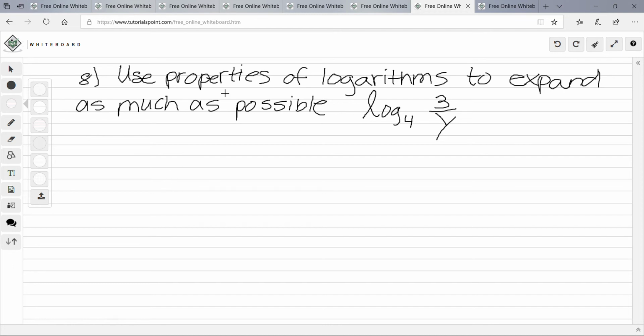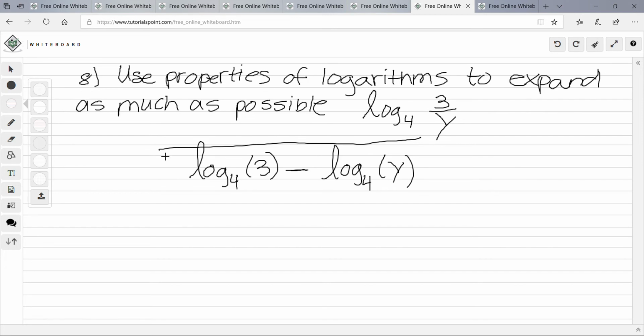So let's break this into 2. So it's going to be log base 4 of 3 minus log base 4 of y. And that is probably the most expanded form you can get, because I don't see any exponents. So this should be your final answer.